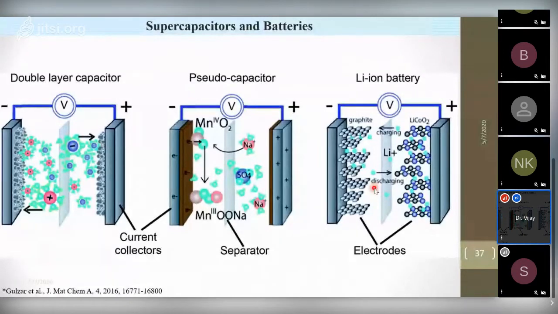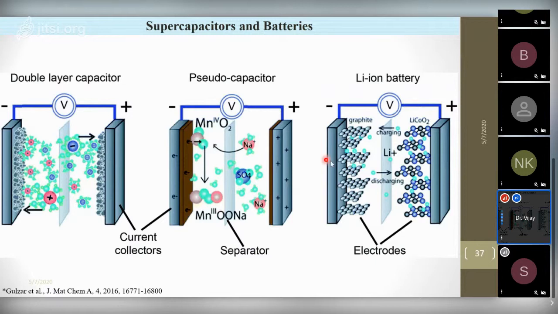Those carbon materials or MoS2 can also be used in supercapacitors. The supercapacitor is like an electrochemical double layer capacitor. In lithium ion battery, there are anodes and cathodes. Here it's the same anodes and cathodes, but only the charge building process is different.